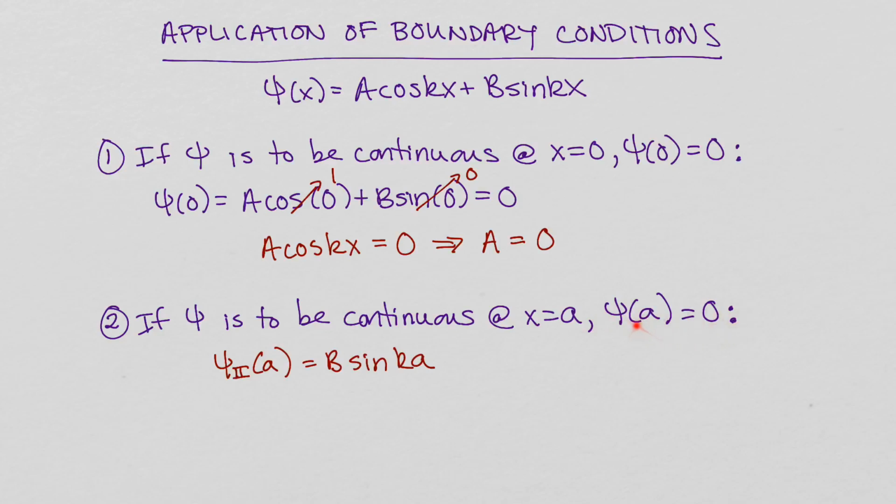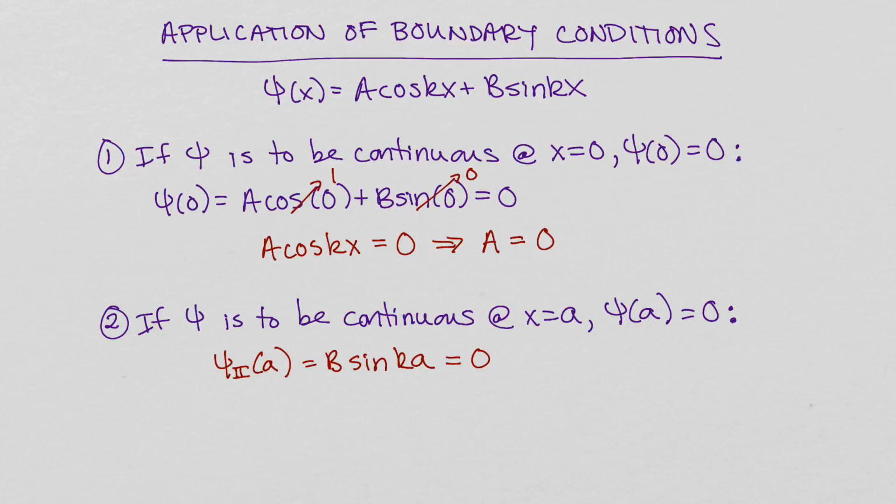We know that our wave function also has to equal 0 there for the same continuity reasons as before. This time regions 2 and 3 have to be continuous at the boundary, and we know the wave function is 0 in region 3, so at our boundary the wave function has to equal 0. So our wave function at a also has to equal 0 according to our boundary condition.